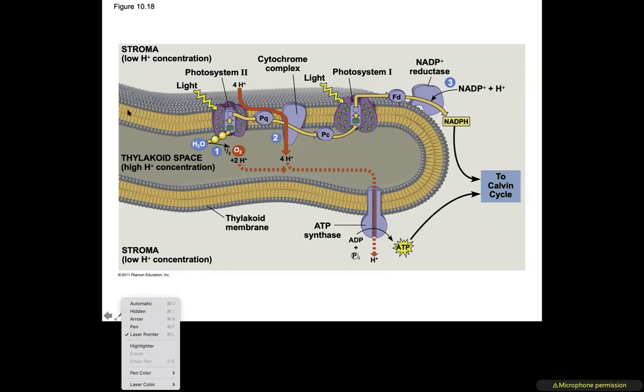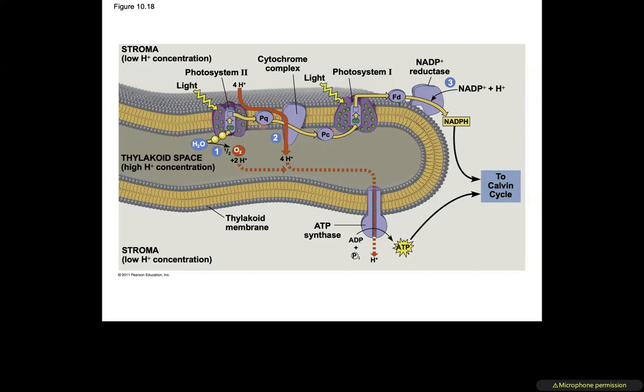Okay. So here's your thylakoid membrane. Where did my laser pointer go? There we go. Here is your thylakoid membrane going all around. So on your thylakoid membrane, you're going to have those proteins, this big protein called photosystem 2. You're going to have these enzymes embedded.